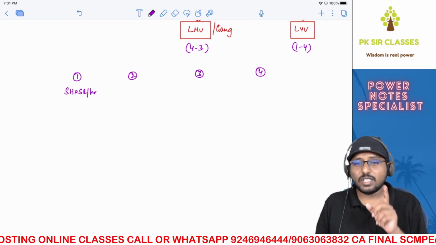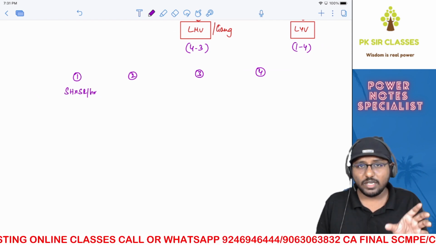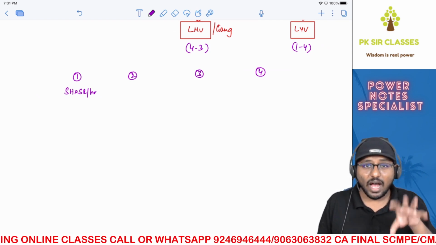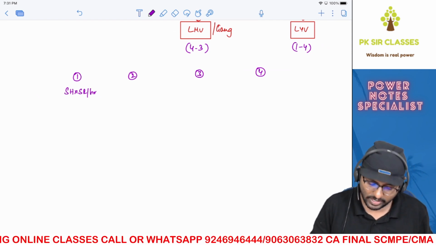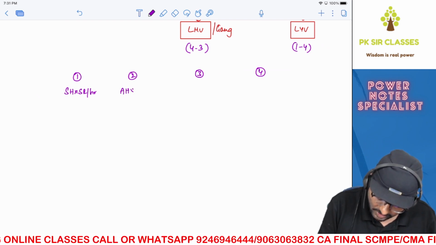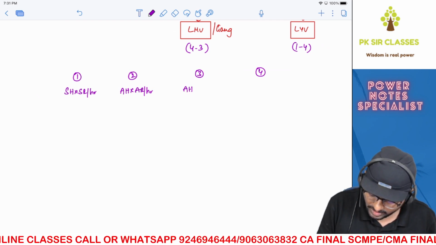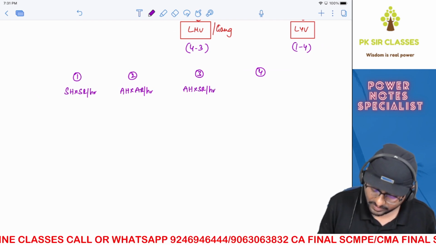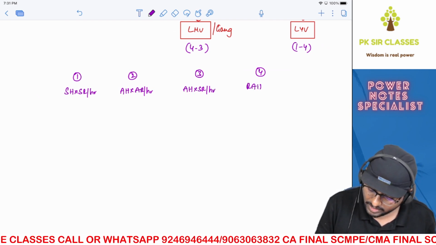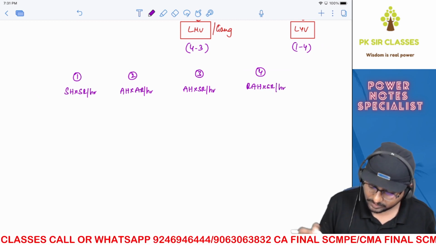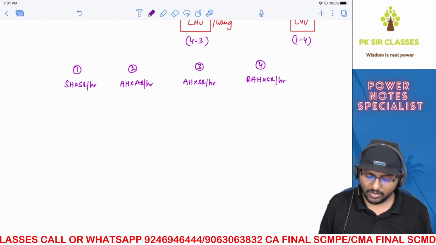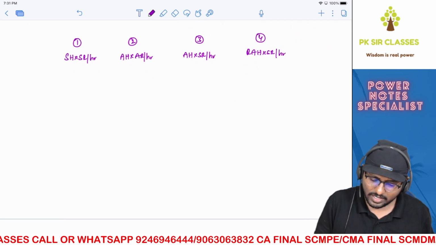The only difference is that there it is SQ into SP, quantity and price; here it's going to be hours and rate. Next, AH into AR per hour. Next, AH into SR per hour. Next, RAH into SR per hour. Are you able to get me? The logic remains the same and everything is the same.